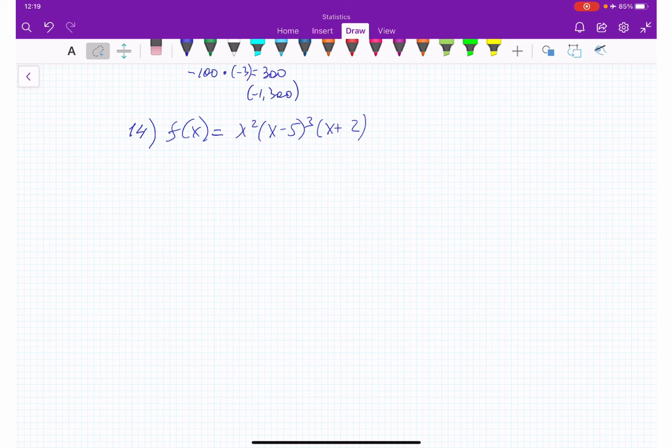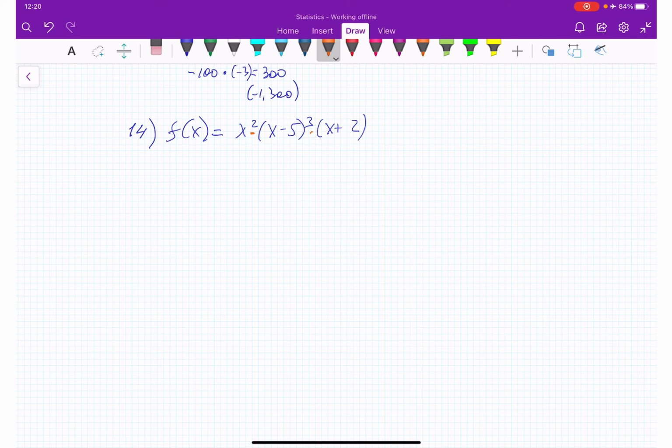So, degree of the polynomial: x squared, so we have 1, 2, 3 terms we multiply by each other. Well, this all is one term, but it consists of two parentheses and one x squared separate. So we need to find out the highest degree.